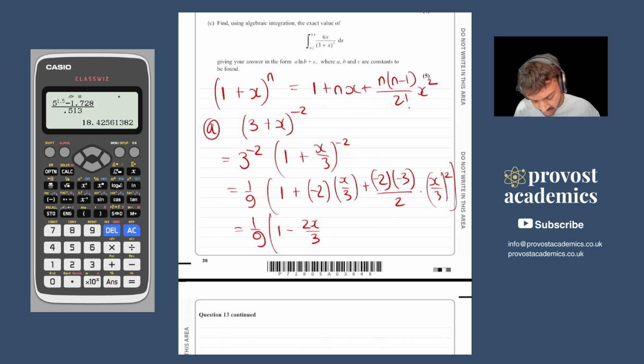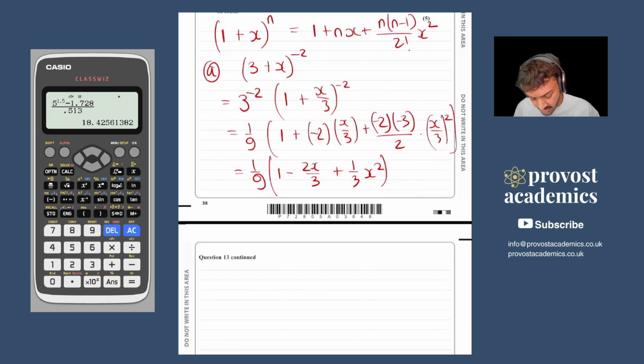We get 6 divided by 2, then divided by 9, because of the x squared over 9, so that should give us plus 1/3 x squared.